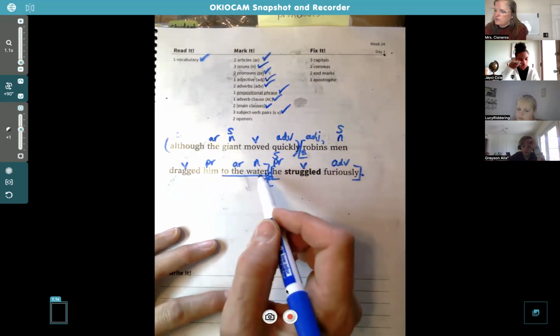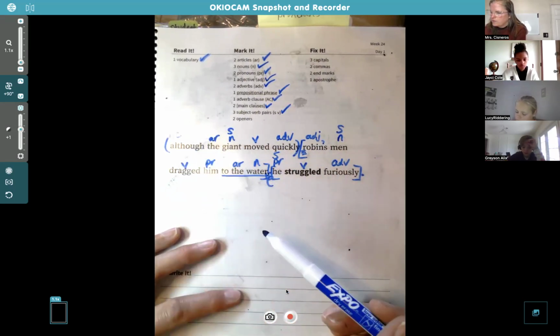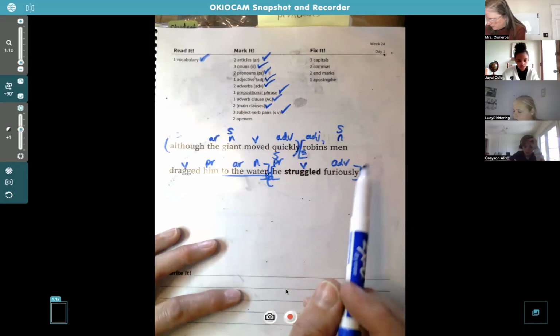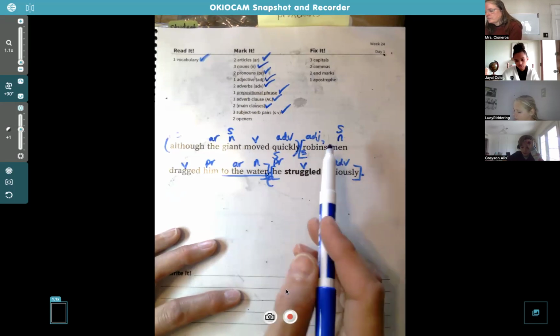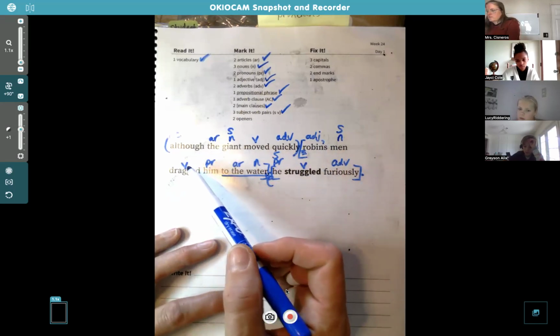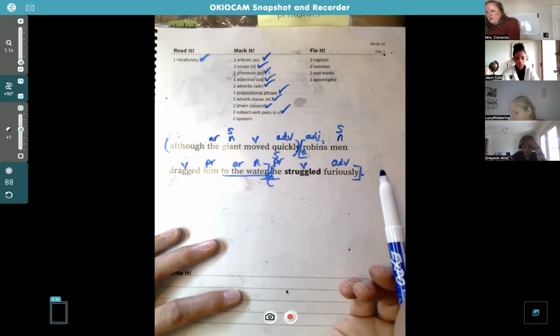Now that we have the two sentences, Lucy, what are the two different openers we have here? Is the first one a prepositional opener? Not prepositional.